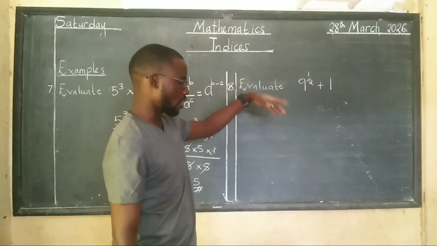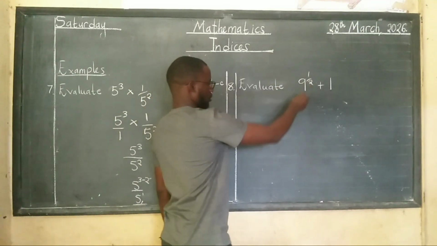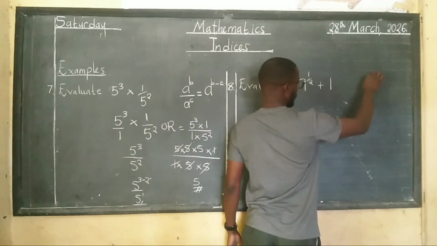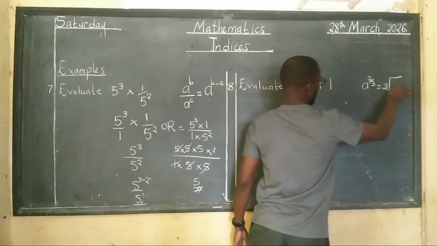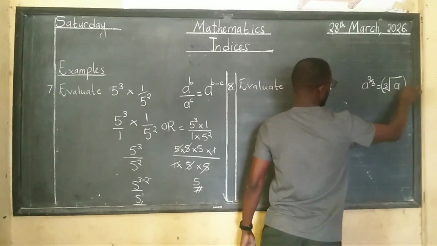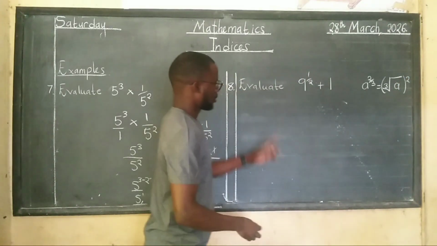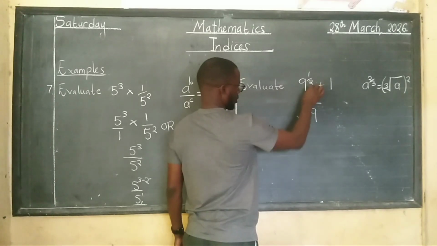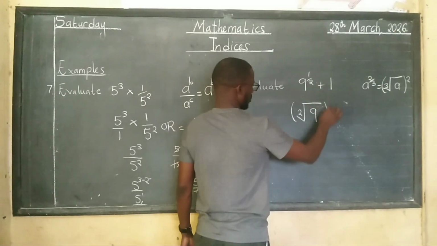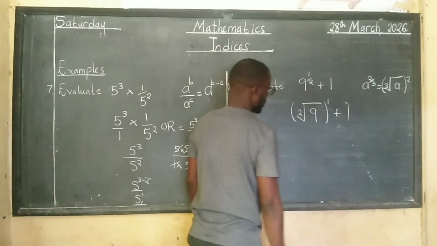Then number 8, we have 9 to the power half plus 1. So for this one, we can use a to the power m over n: the 2 comes here, a inside, everything to the power 2. So here, I can do this. 9 inside, 2 comes here, the power 1 plus 1.